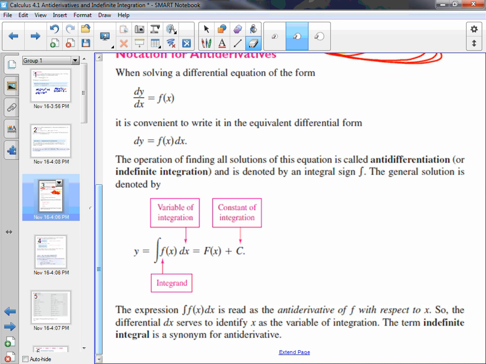So, finding the antiderivative can be called antidifferentiation. It can be called indefinite integration. It can be called finding the antiderivative. It can be called finding the indefinite integral. They all mean the exact same thing. And they all also mean the general solution of a differential equation. Why so many names? Once we start working problems, one name is more convenient than another sometimes.